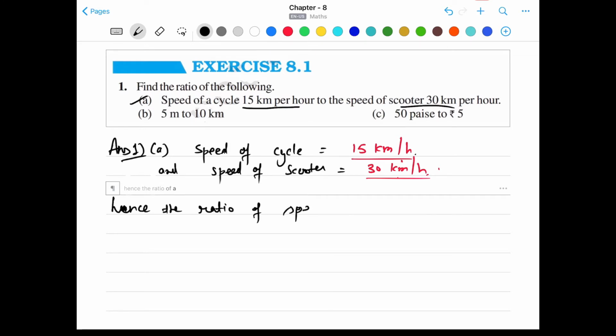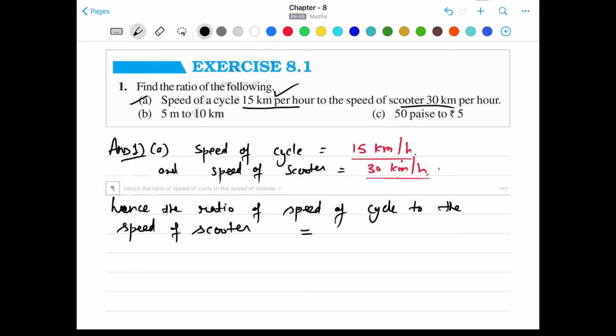speed of cycle to the speed of scooter is equal to, okay, like I told you, when you write the ratio, you will always write the quantity mentioned first in the numerator and the quantity mentioned later in the denominator.